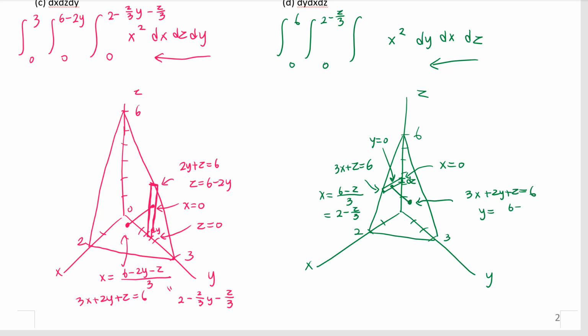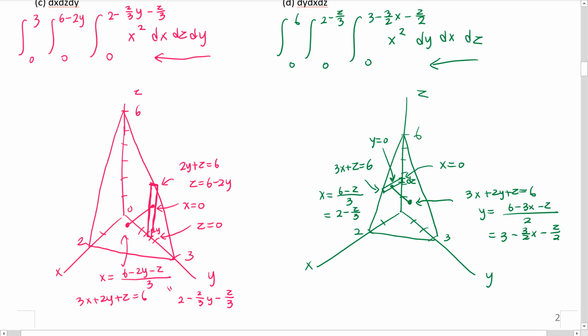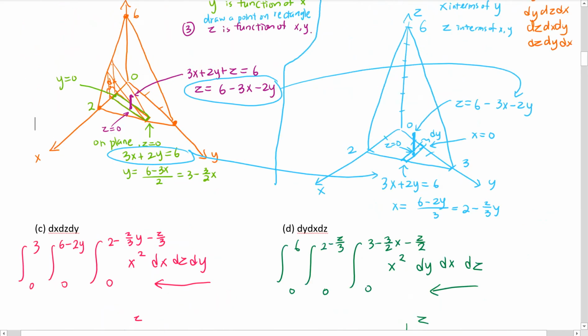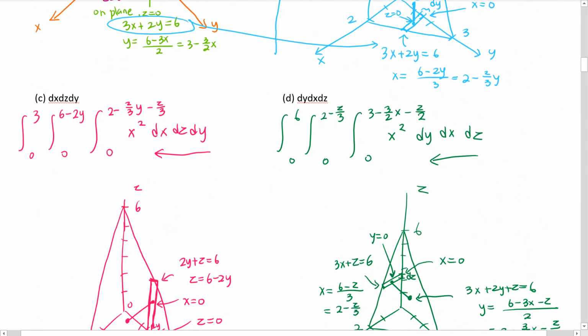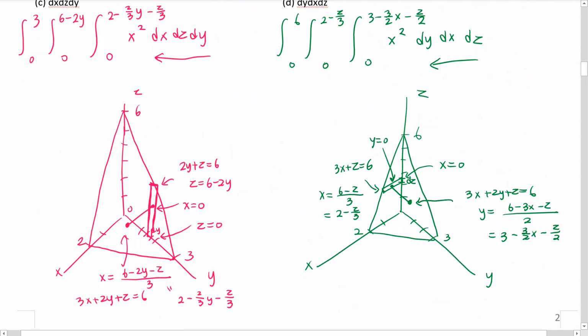We get (6 minus 3x minus z) divided by 2. That's 3 minus 3/2 x minus z/2. Okay, so y goes from 0 to 3 minus 3/2 x minus z/2. So far, so good, everybody. Actually, you can also evaluate these integrals, okay? And then you will realize all of them equal the same thing. Do you want to evaluate one of them?